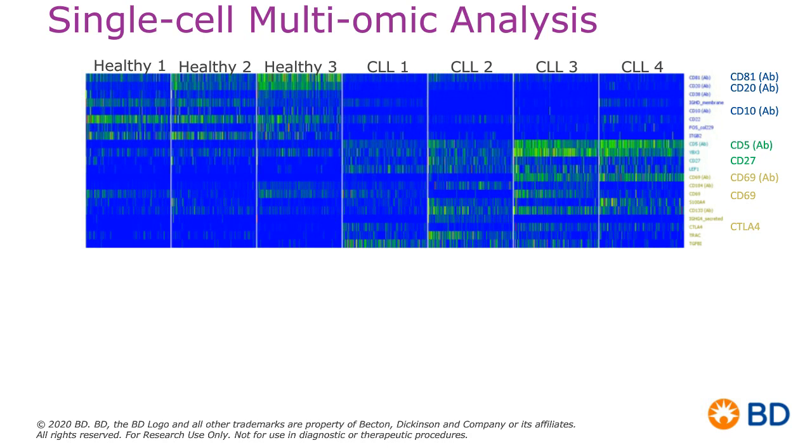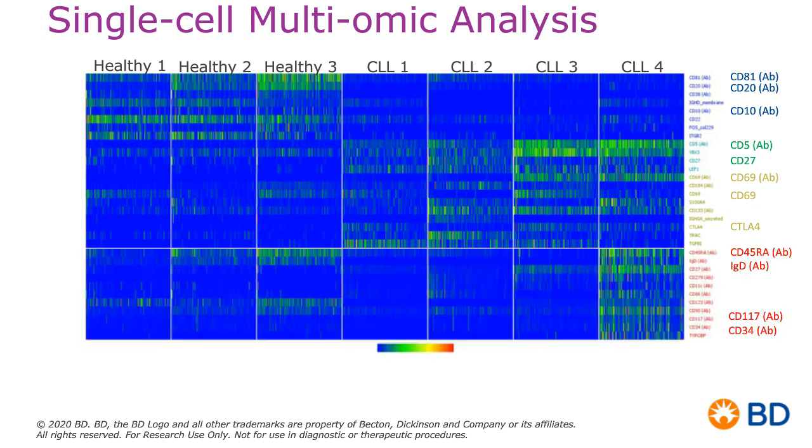And finally, I can drill in and just highlight our genes and proteins that are uniquely expressed on CLL4 compared to not being present on CLL1, 2, or 3, and also how that relates to healthy controls. For example, CLL4, as we saw earlier, is positive, or a subset of the cells are positive, for 45RA, IgD, CD117, as well as CD34.